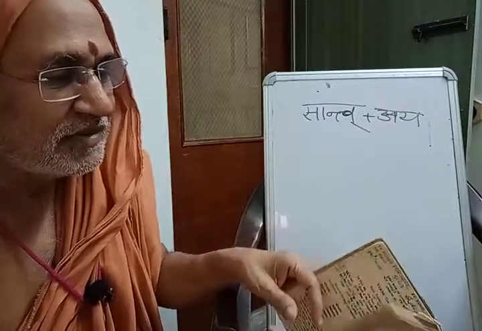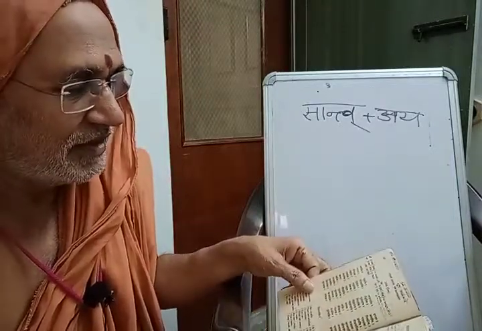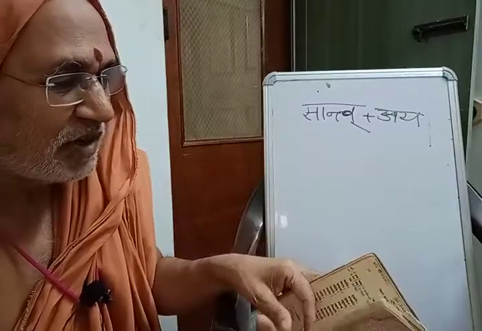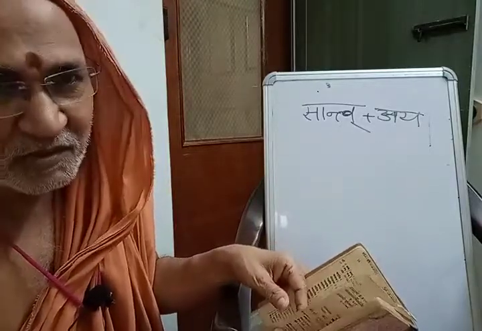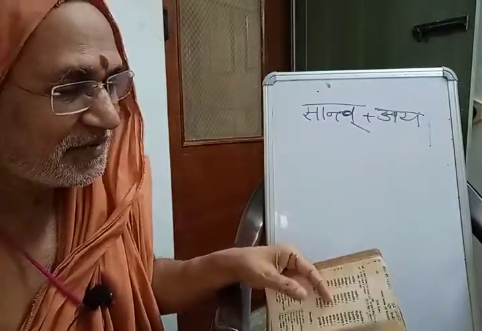Now with this, only verbs are over. Few more verbs he covers. In the 5th chapter onwards, he starts with nouns and vibhakti.